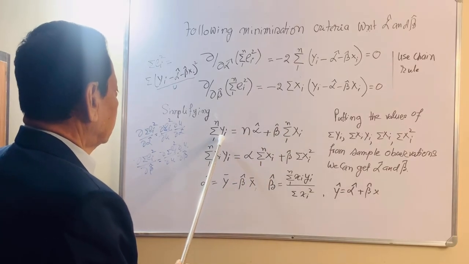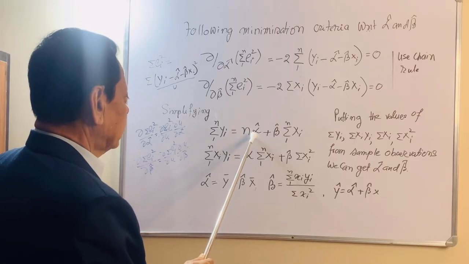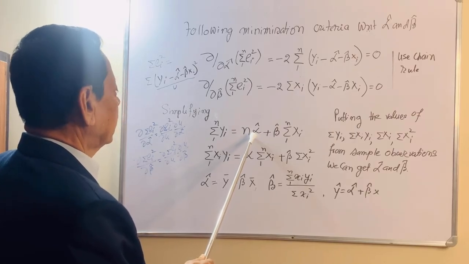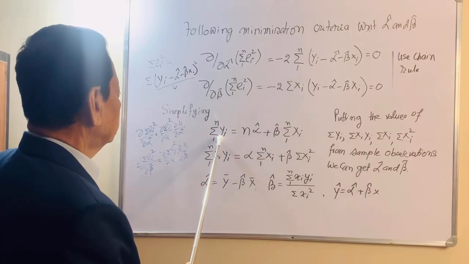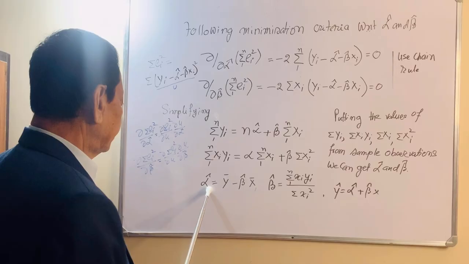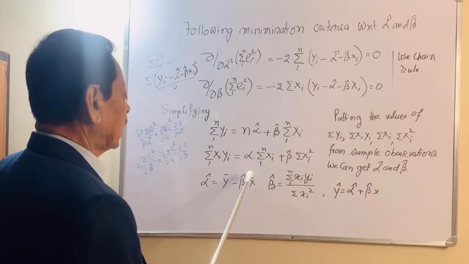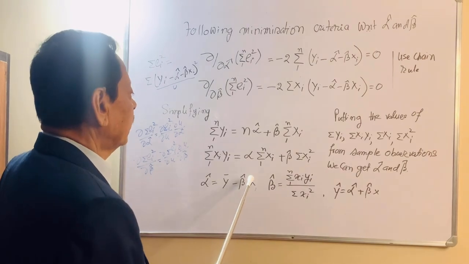So you take this term to the right side and transfer these terms to the left side, divided by n. So you will get alpha head is equal to y bar minus beta head x bar.